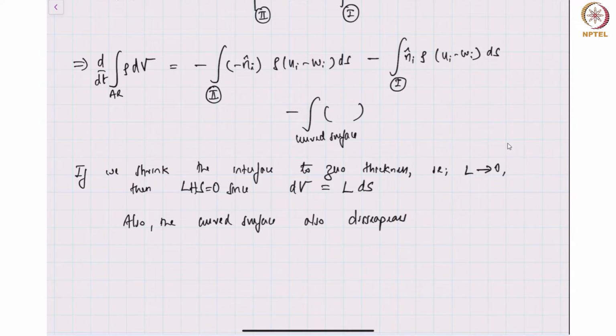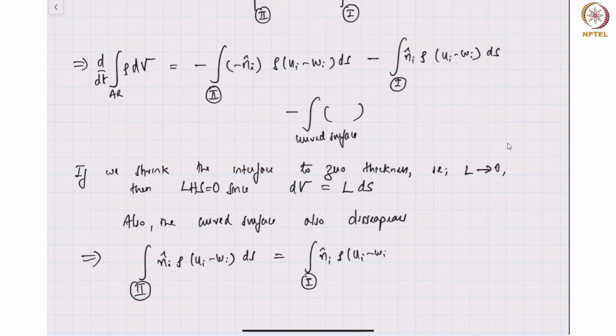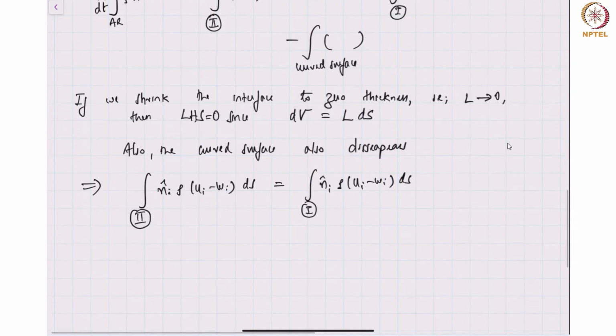This immediately tells me that the integral over 2 of rho (u_i minus w_i) dS is equal to the integral over 1 of rho (u_i minus w_i) dS. Don't forget that u_i is different in the two fluids, and rho is also different.